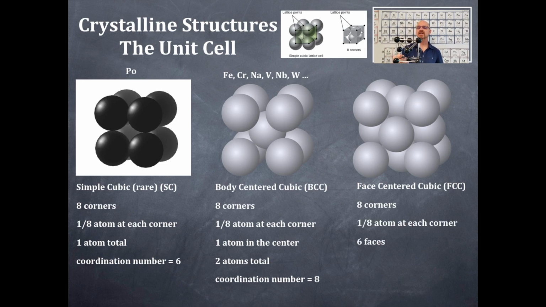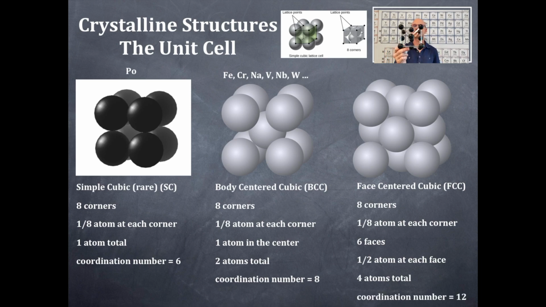And then there are 6 faces, just like on a die, because it is a cube, and that's 1/2 of an atom at each face. Therefore, there are 4 atoms total, and the coordination number is 12. So that is a face-centered cubic. Elements which do this are aluminum, lead, nickel, copper, silver, and gold. You should see that there's a pattern there.